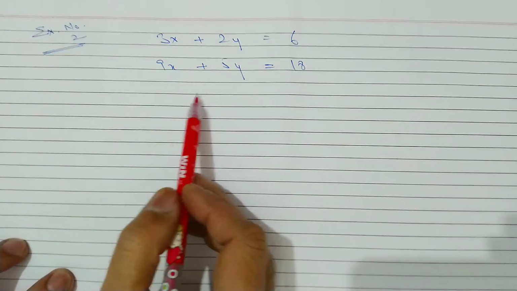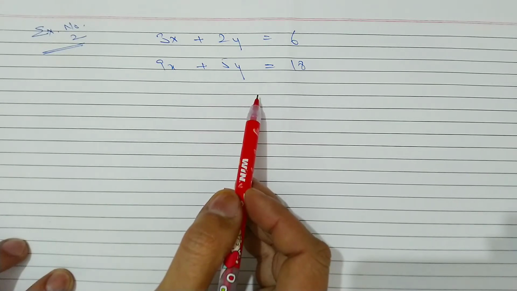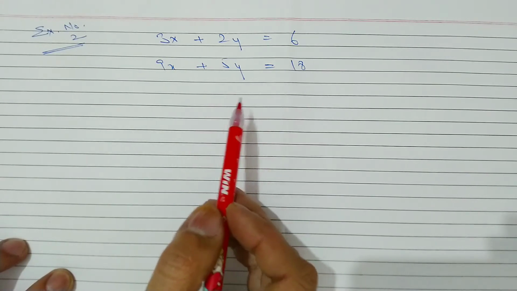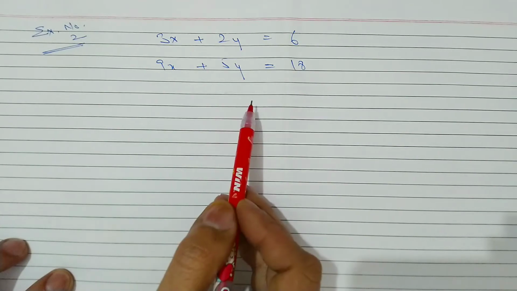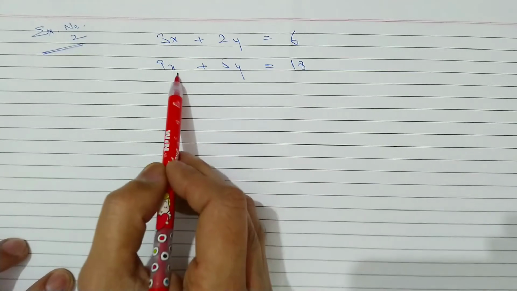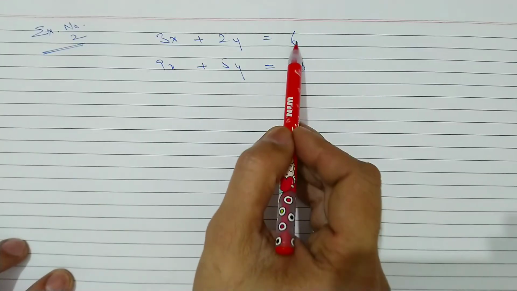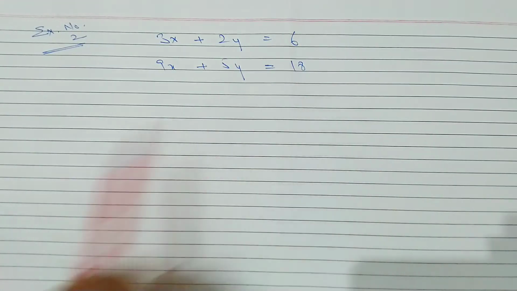if 1 is in the ratio, then other one equals to 0. See the coefficients of x, 3 and 9, and coefficients of constant term 6 and 18.